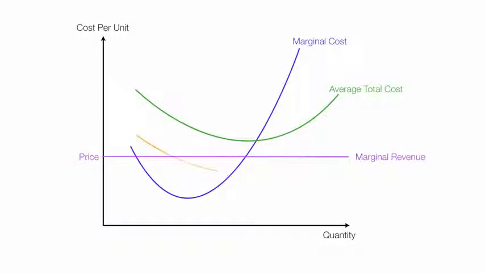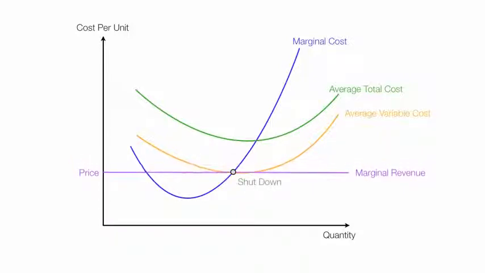Let me draw the average variable cost curve back in. Prices can fall to that level right there, and we call this the shutdown point. Any price below here and the firm shuts down. So right here we have a quantity of Q, and let me put the cost in as well. It's that green line right there.